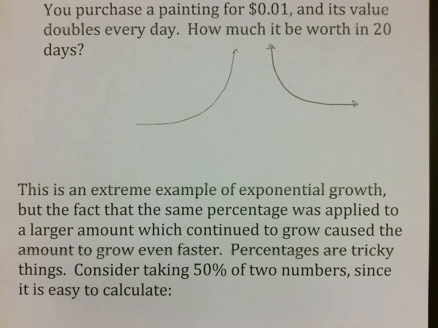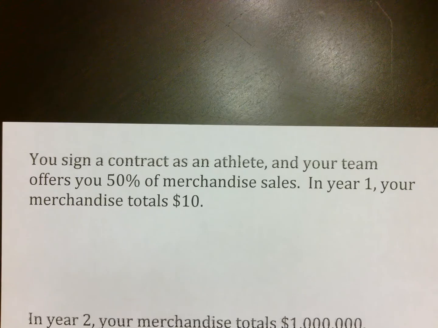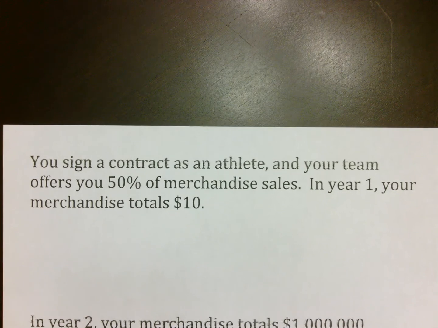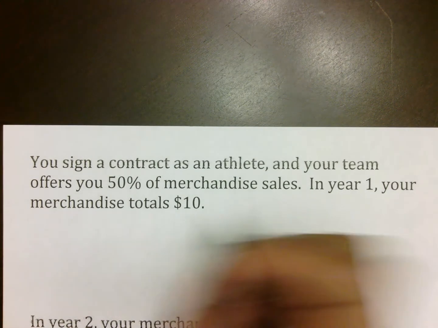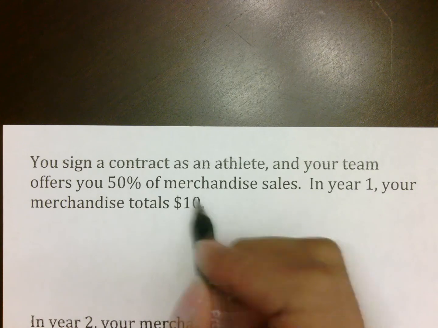Percentages are tricky things. If you consider taking 50% of two numbers, and we'll take 50% because it's easy to calculate. Let's say you're an athlete and you sign a contract and your team offers you 50% of merchandise sales. In year one, your merchandise totals $10. Well, 50% of $10 means that it really wasn't a great amount, because you only sold $10.